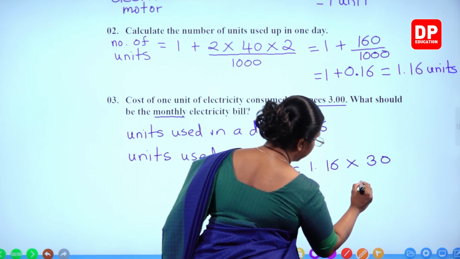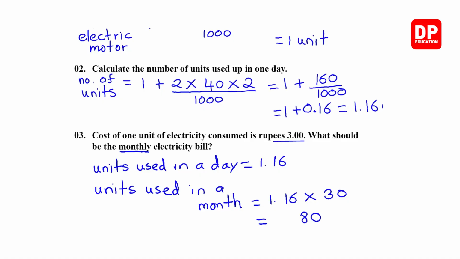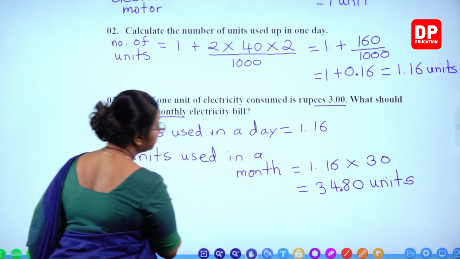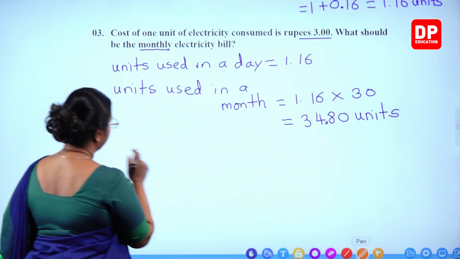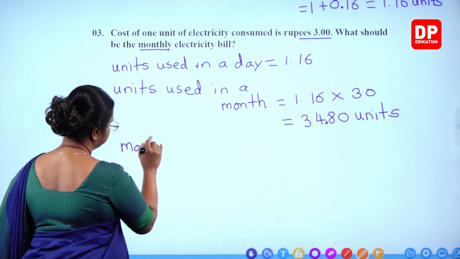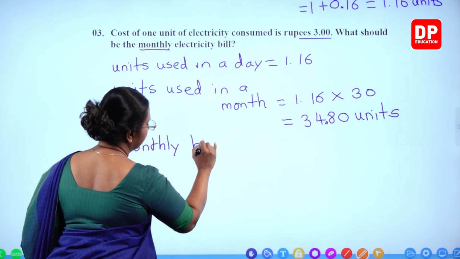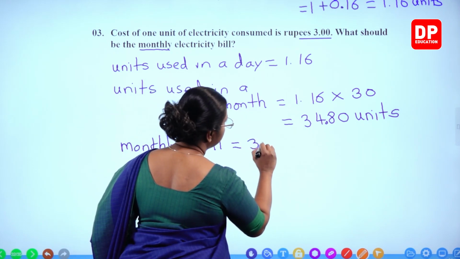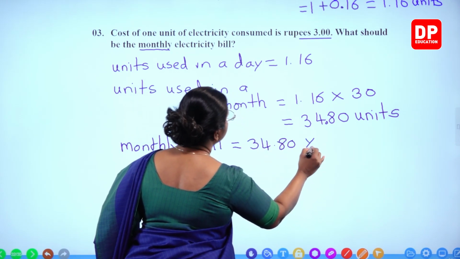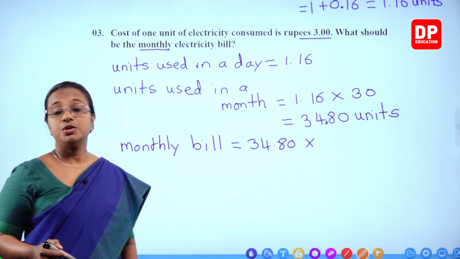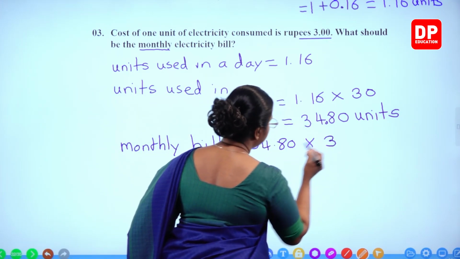So here you can calculate it: 0, 18, so 4, 3. So that is going to be equal to 34.80 units. Then you need to calculate the monthly electricity bill. So there the monthly bill value is how much? There are 34.80 units into 1 unit cost rupees 3. So into 3.